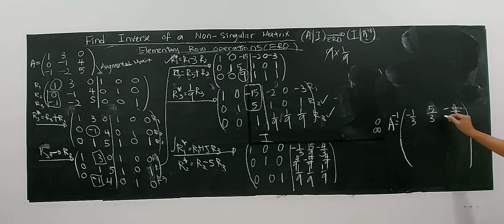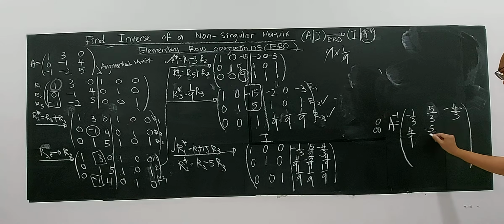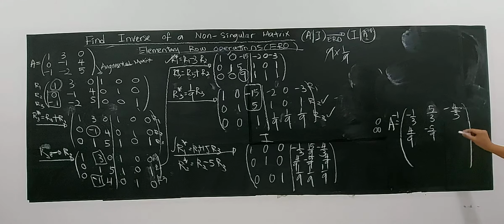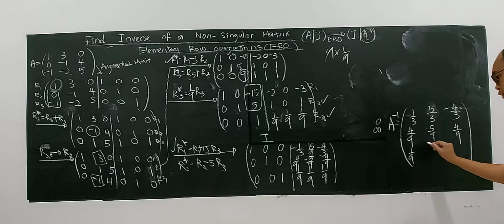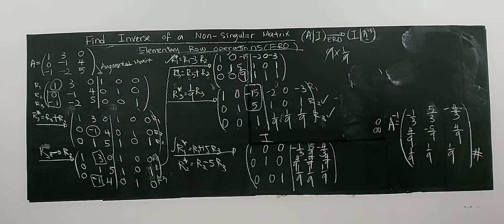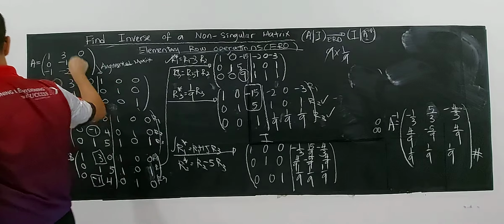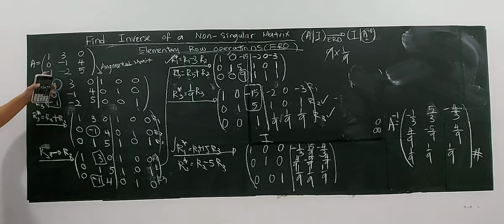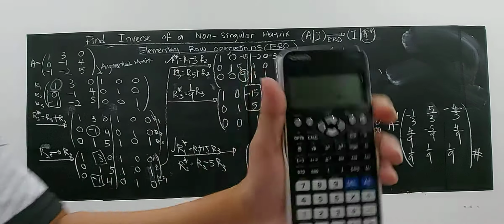Negative 4 over 3, 4 over 9, negative 5 over 9, 4 over 9, 1 over 9, 1 over 9, and 1 over 9. So this will be your answer for the inverse matrix of this matrix A.